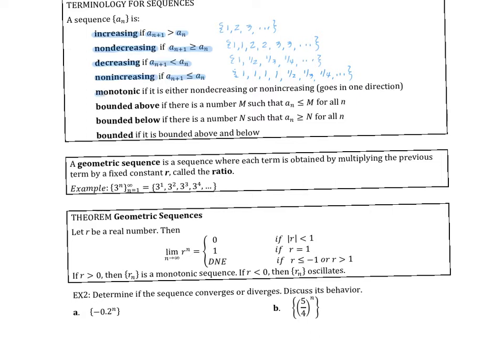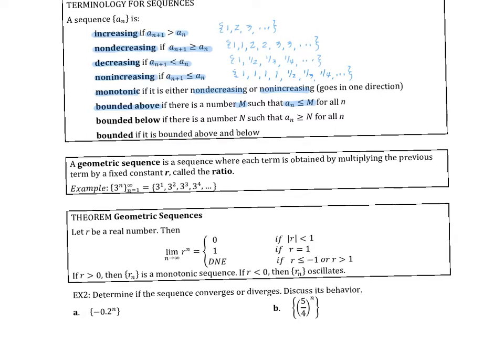A sequence is monotonic if it's either non-decreasing or non-increasing. So sometimes it's nice to know if our sequences are bounded. They're bounded above if you can find some number m so that all the terms are less than or equal to that number.